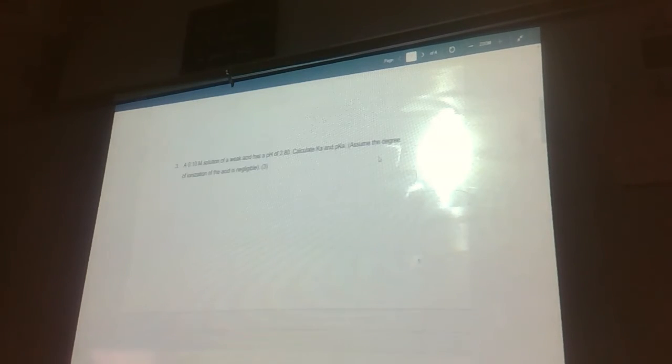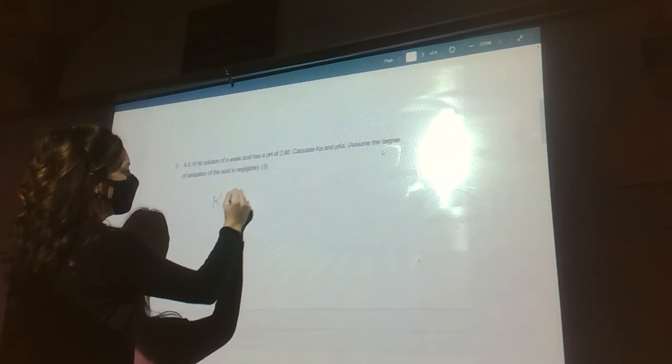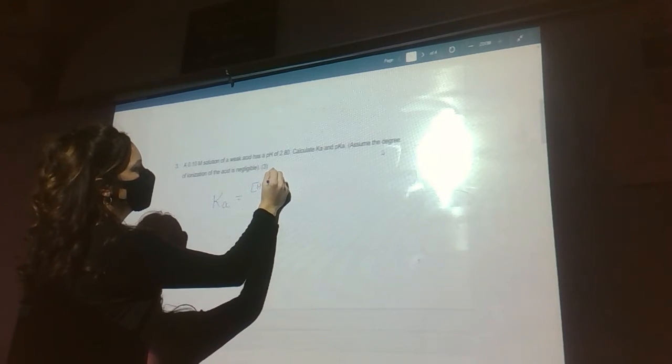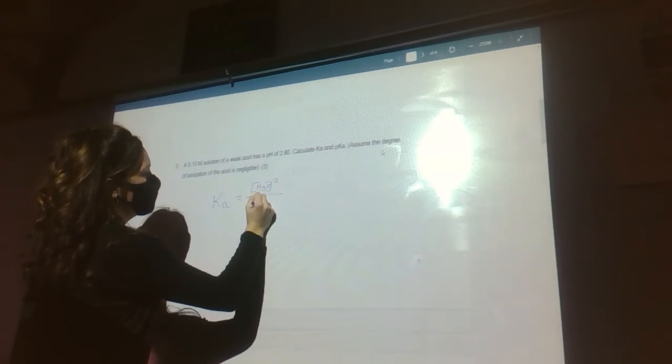Number 3, a 0.1 molar solution of a weak acid has a pH of 2.80. Calculate Ka and pKa. This is working backwards. So Ka equals hydronium squared over acid.